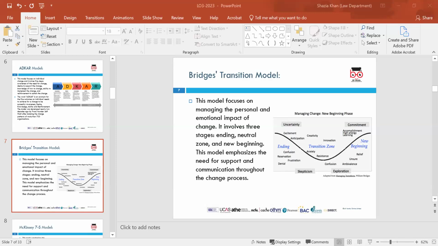It involves 3 stages: the ending, the neutral zone, and the new beginning, and it emphasizes the element of transition here.